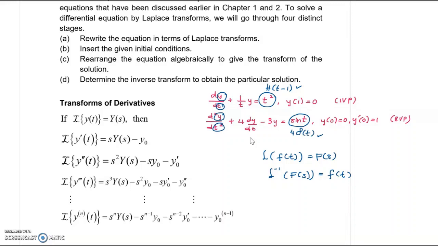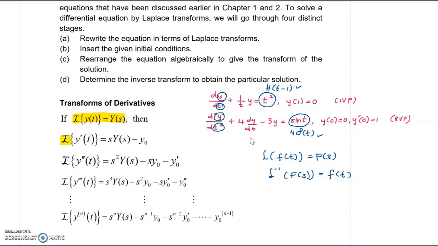In the syllabus, we only cover up to second order ODE, which means what you need to memorize is this. This is the general one. The Laplace of y(t) equals the capital Y(s).